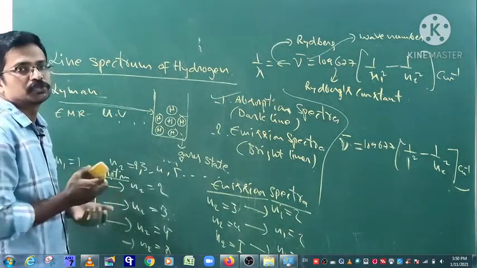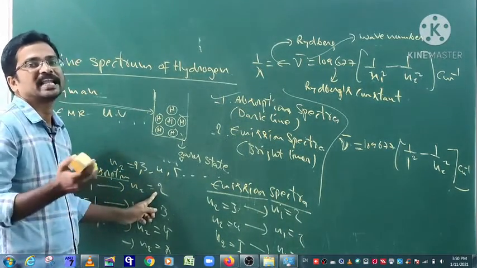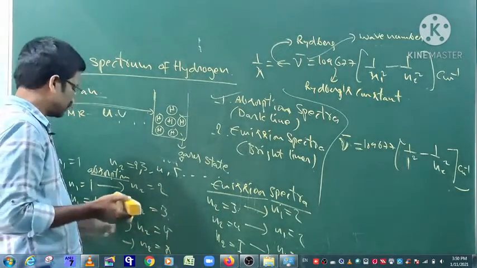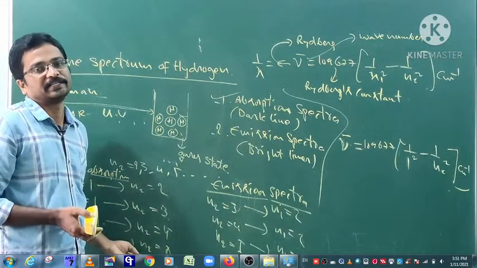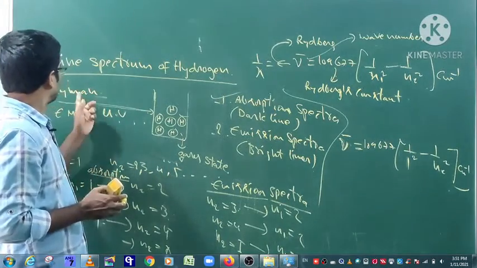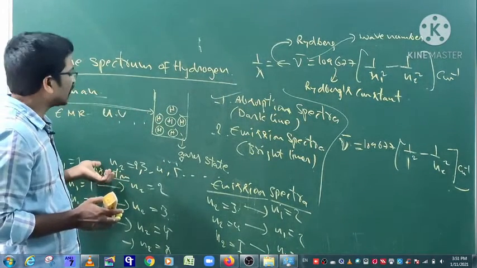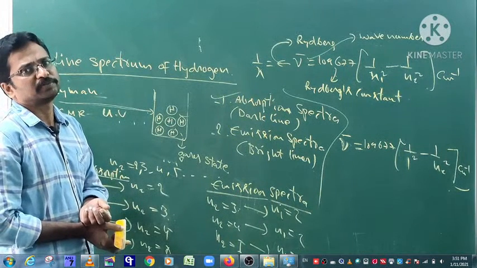If the electron goes from the n1 energy level to n2, it is known as Lyman. If the electron goes from n1 to n3, it is also Lyman. The starting point is 1, the ending point anything, is known as the Lyman series. That one is the absorption spectra for Lyman.